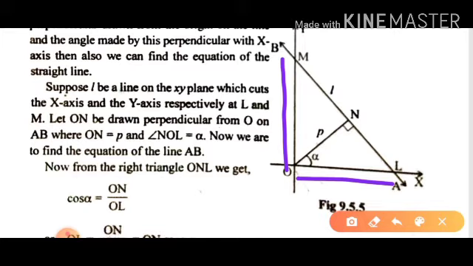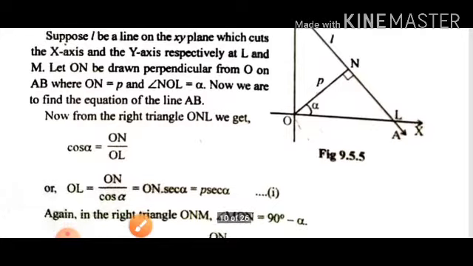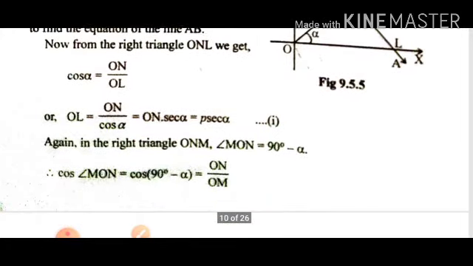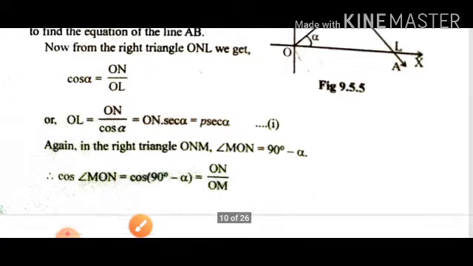From here to here it is OL, and from here to here it is OM. So we have to find the value of OM and OL, and that is why we have applied this trigonometry.